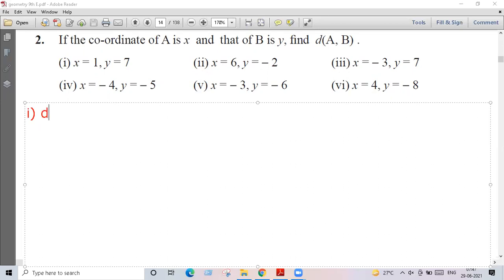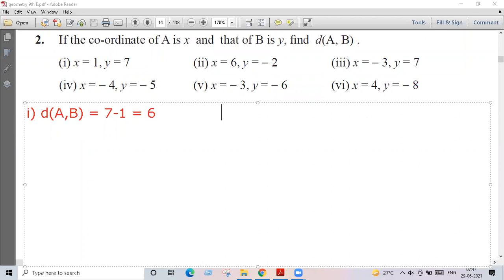Therefore, distance between A and B is equal to what? Here you will be subtracting 7 minus 1 because 7 is greater than 1. So distance is 6.